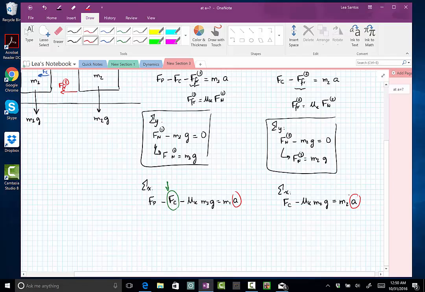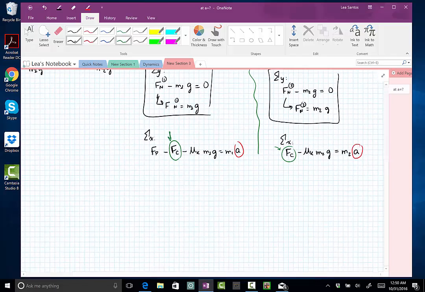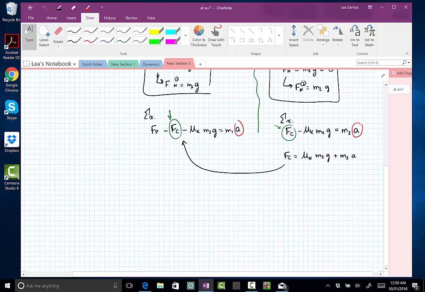From this equation, I'm in trouble because I don't have Fc. But we have two equations and two unknowns, so I can solve this problem. I'm going to isolate Fc from the box 1 equation. I see that Fc is mu k M2g plus M2a. I put this in this equation, and now I can find a.